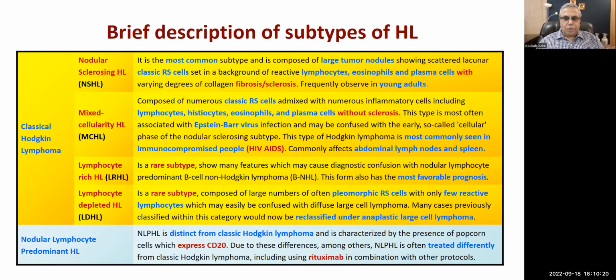So we have not gone into the details of the nomenclature of monoclonal antibodies, but maybe you'll do that in your tutorials, okay? So due to these differences among other non-Hodgkin lymphomas, it is often treated differently from classic Hodgkin lymphoma. So that's one important point that you have to memorize.